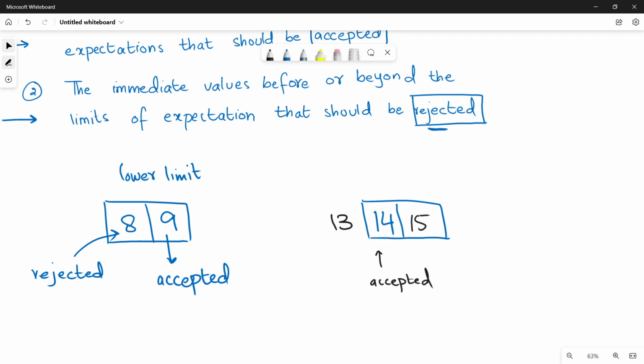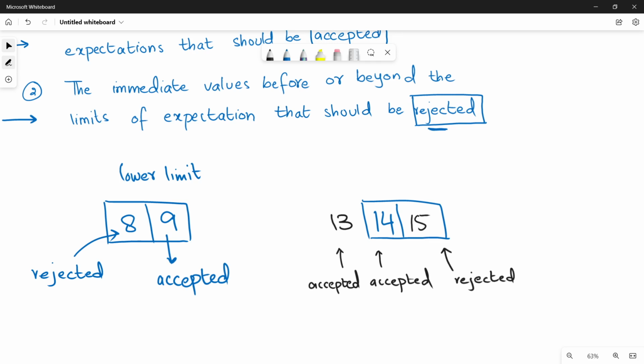Now, if I take 13 with 14 as a pair, then I know that 13 is also accepted by my system. Why? Because it is within the range. And I cannot have a pair in which both the values will be accepted. However, if I see 15, then 15 is out of your range. So this value is going to be rejected.